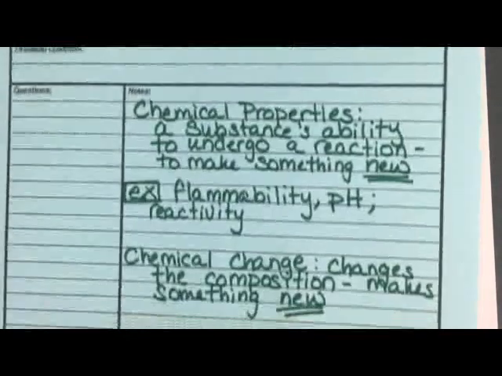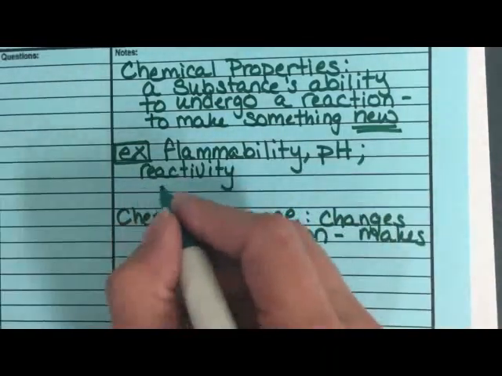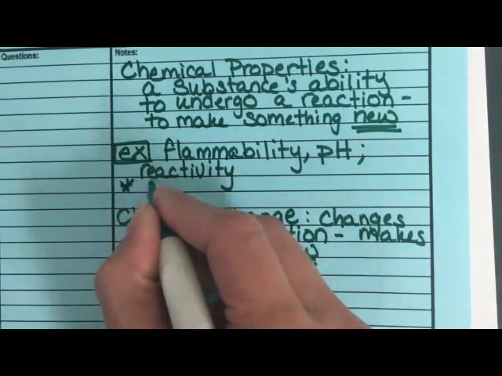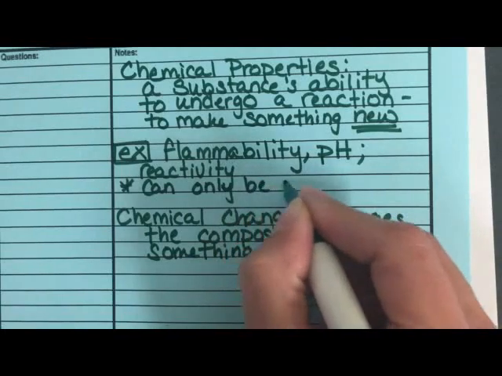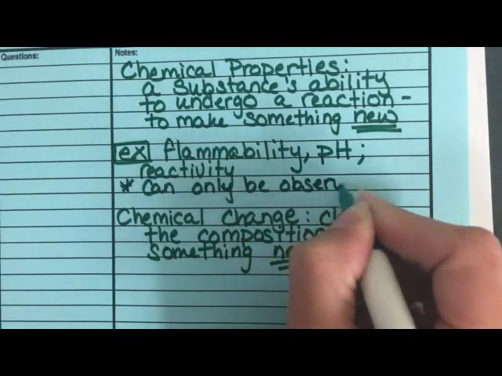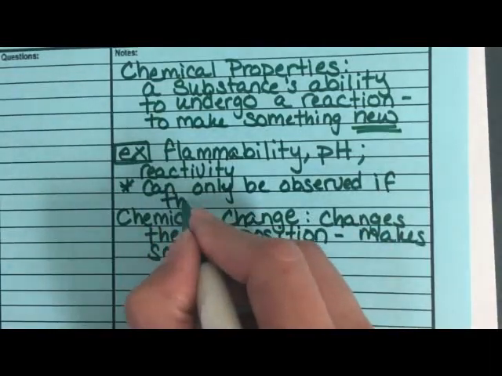Now, something that's really interesting about chemical properties: if I'm talking about a chemical property, I can only observe it if there is a chemical change.